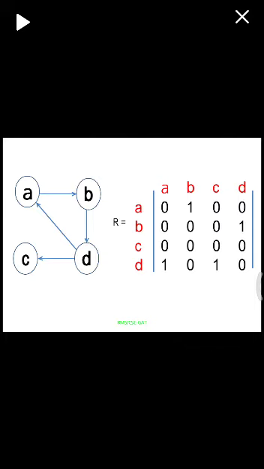Similarly, to add the values for the second row, we need to find the direct edges from vertex B. From vertex B I can reach vertex D with one edge, that is a direct edge. So B to D is 1, all other values are 0.